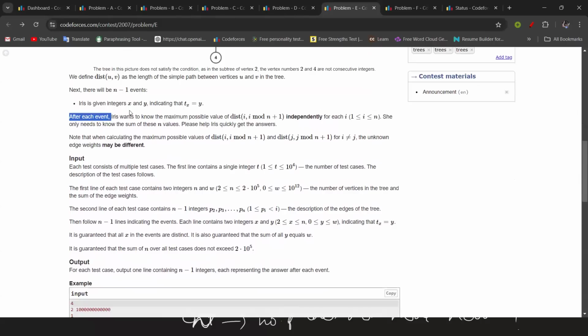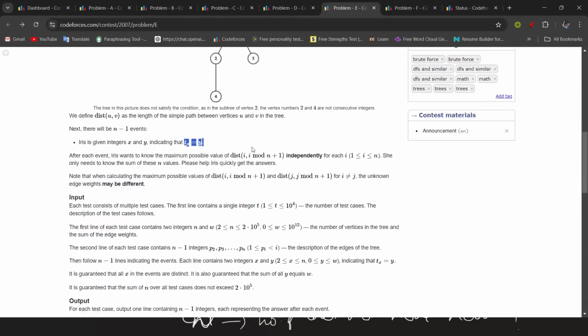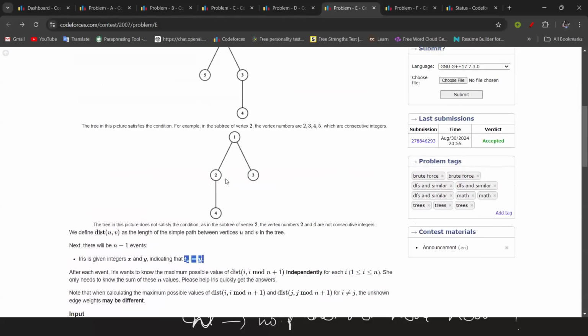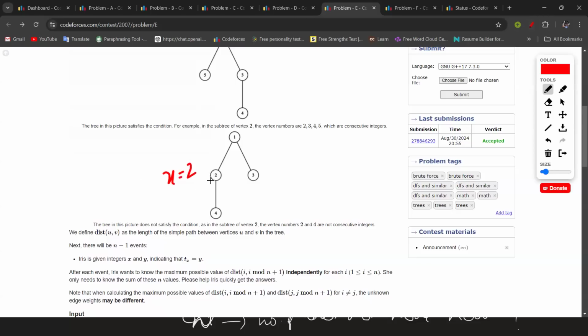Now, after every event, you are given this X and Y, which represents that TX is Y. It means the edge to the parent of X. Basically, if X is equal to 2, it represents the edge just above node 2.